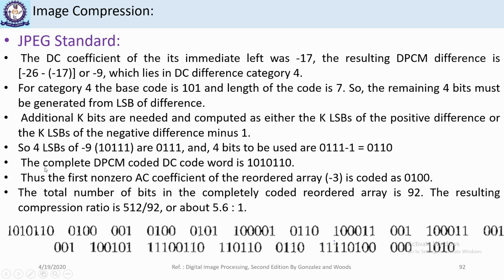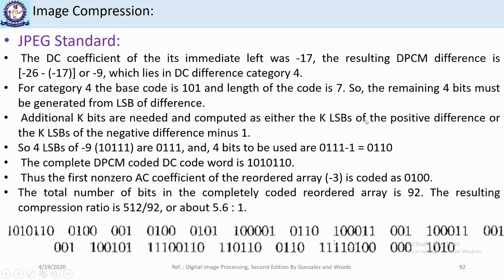Now, to compute the DPCM coded DC code word, the complete code word is 101, that is the base code, and 0110, the four LSBs which we have found by following this method.